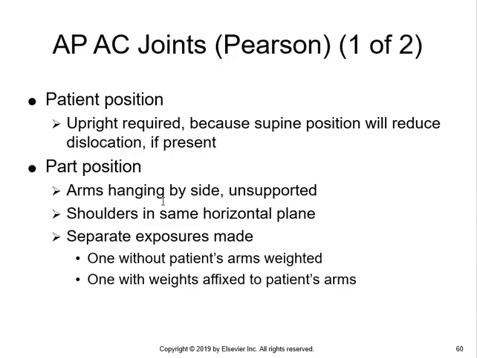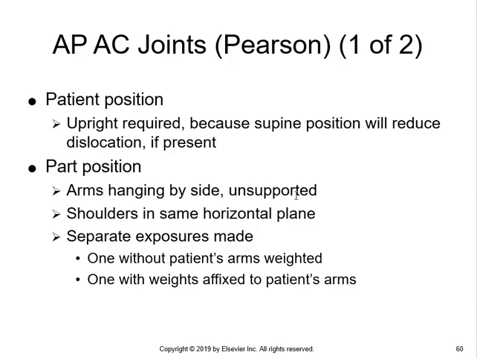You may have to shoot these images with the patient on the stretcher itself or seated in a chair, one of the two. So what you're going to do is shoot bilateral, meaning both sides. You're going to use a single image receptor to take an image all the way across both acromioclavicular joints.